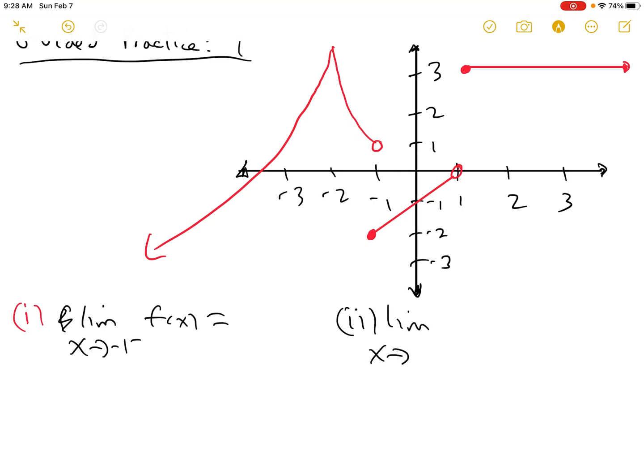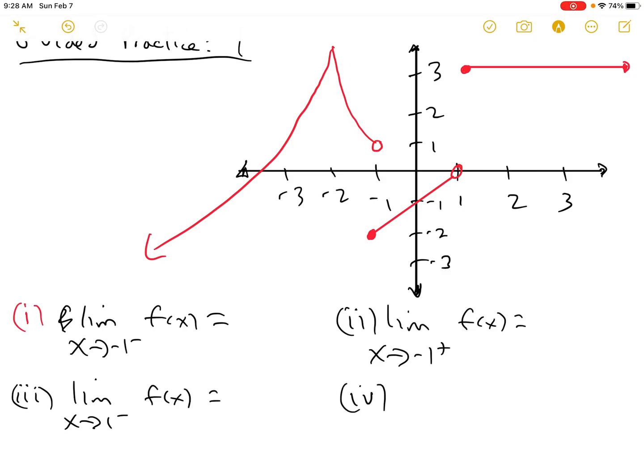What's the limit as x approaches -1 from the right of f of x? What's the limit as x approaches positive 1 from the left? What's the limit as x approaches positive 1 from the right?